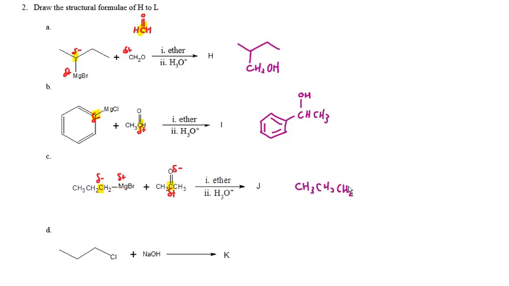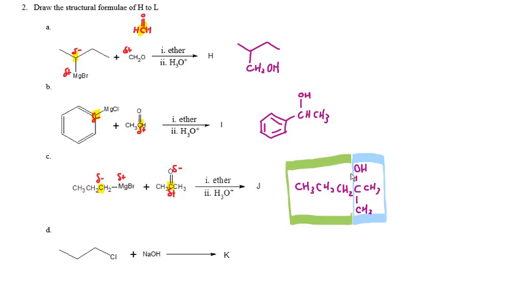There will be a new bond formed between these two carbon. So I draw out the structure of my Grignard reagent, followed by the carbon double bond O, this electrophilic carbon, where the carbon double bond O breaks into a single bond, and after hydrolysis produces an OH, and then another two CH3 groups.